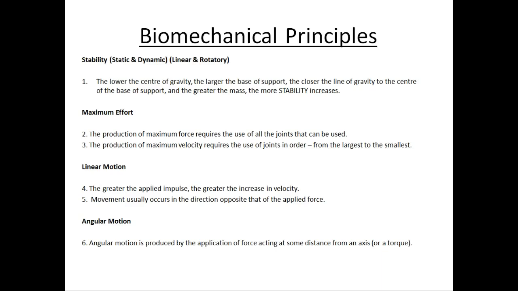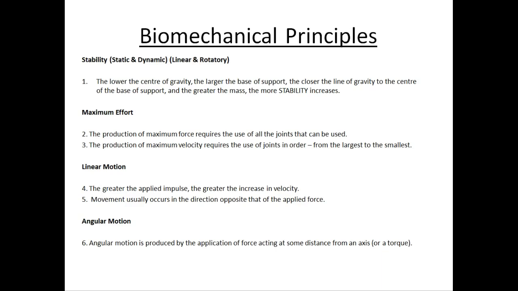The production of maximum velocity requires the use of joints in order from the largest to the smallest, so from proximal to distal. Linear motion, the greater the applied impulse, the greater the increase in velocity, and movement usually occurs in the direction opposite to that of the force being applied.